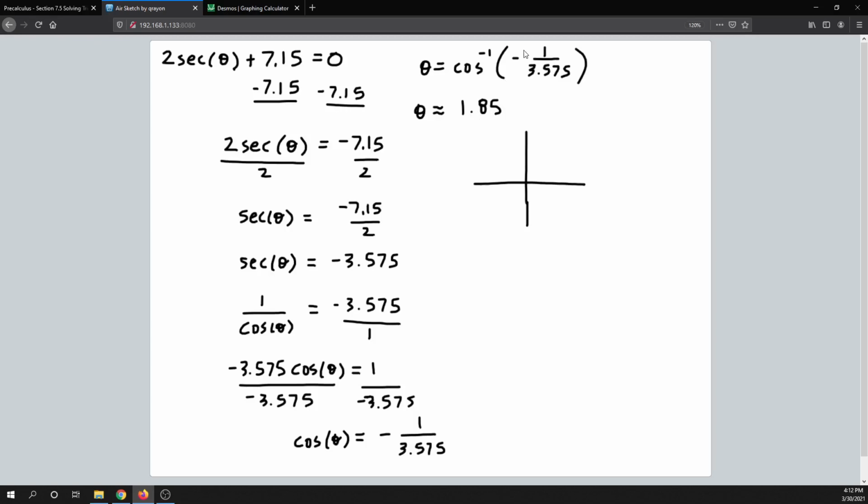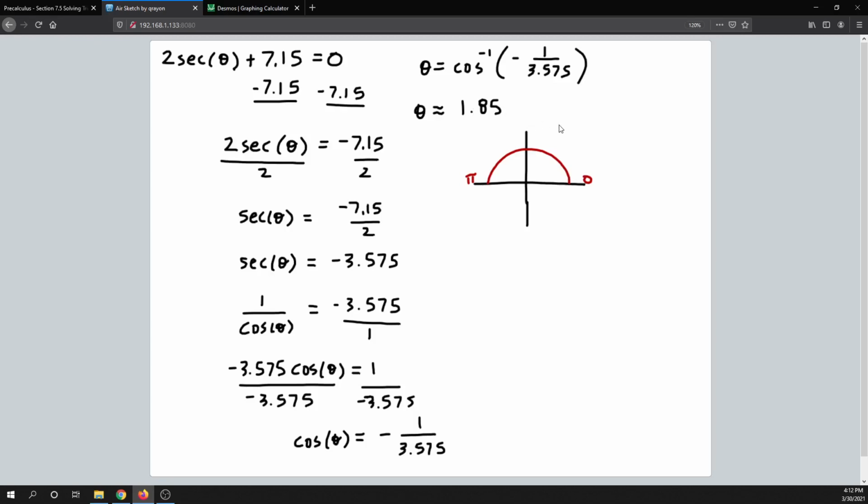And the number that we're taking the inverse cosine of is negative, right? It's negative 1 divided by 3.575. And so the thing to remember is that the inverse cosine is always going to give you an answer from 0 to pi. And this is in radians.